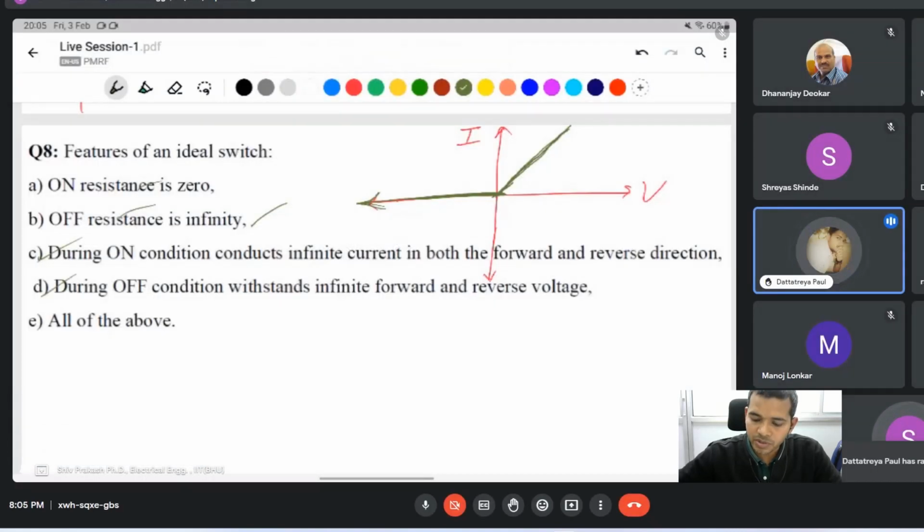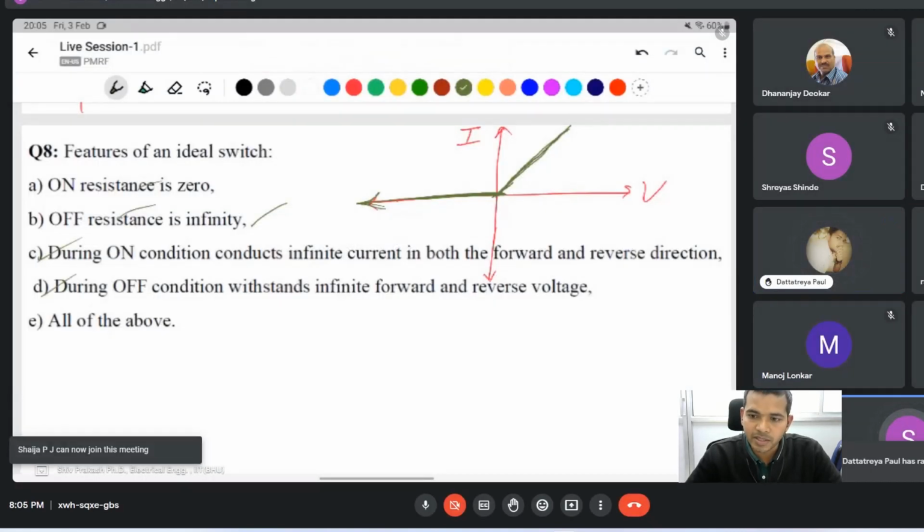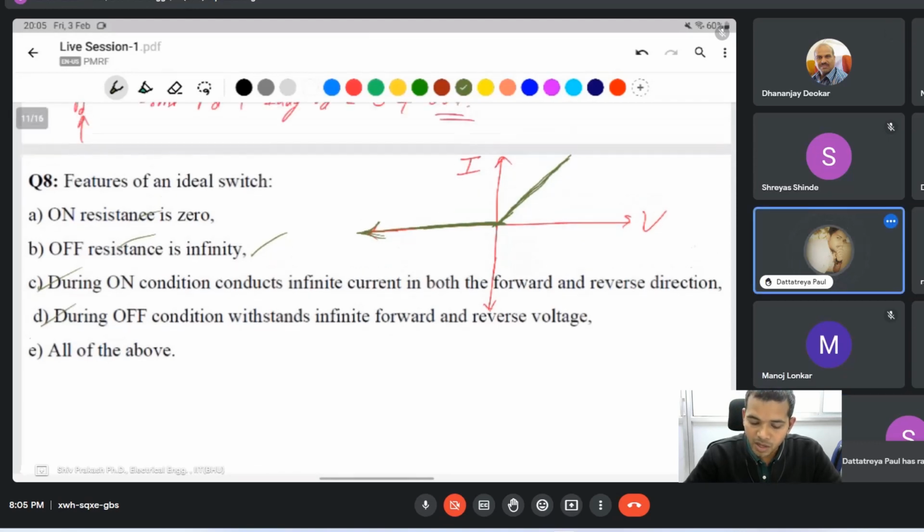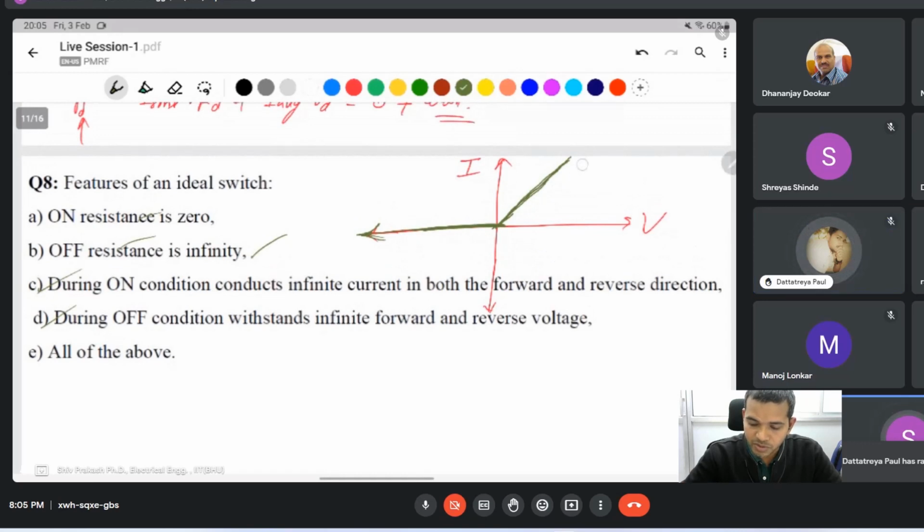Can you explain this? The slope will indicate some change in resistance. Sorry, this should not be there. It should be a straight line. This is a straight line, not a linear case. Linear is different. Understood, sir. Sorry for that. This is a straight line. Understood, sir. Okay.